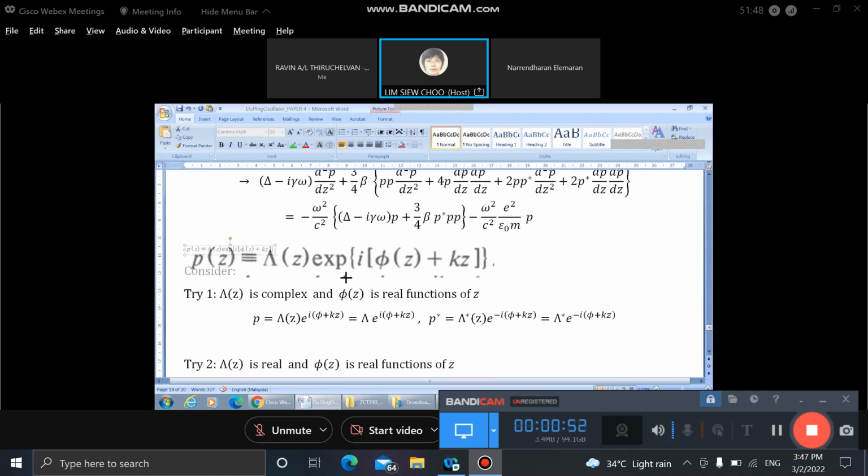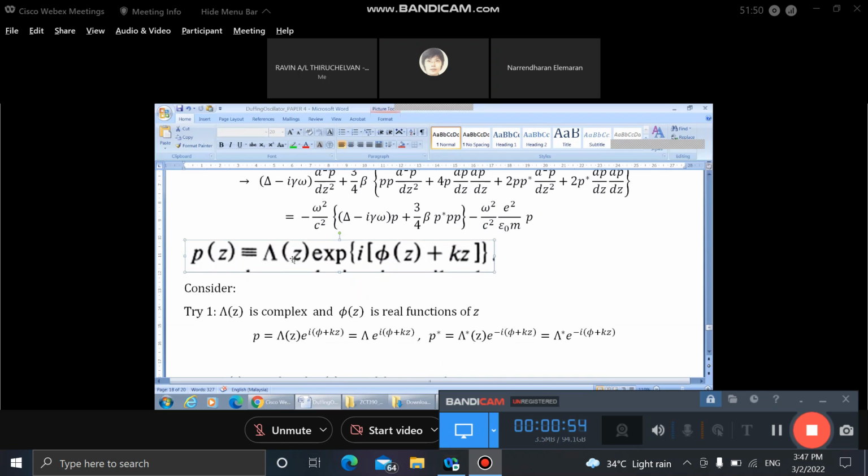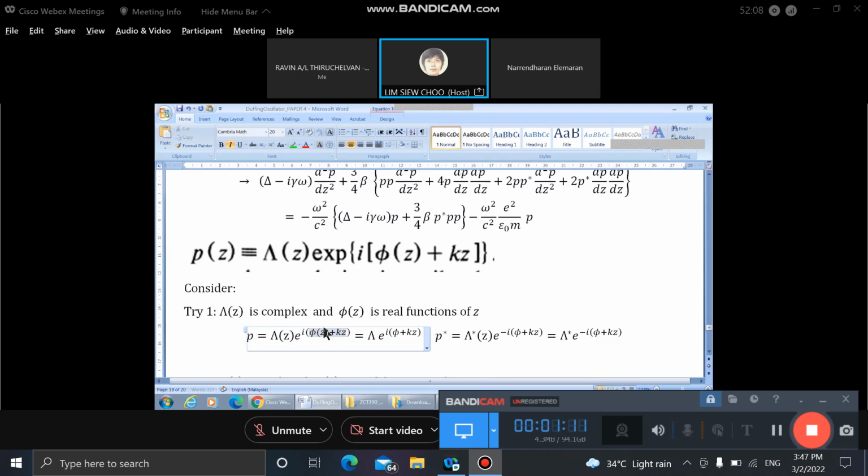Make it big. So P is like here. Okay, so I just type again. The P is gamma Z exponent I bracket 5 kz. Okay, so actually there should be a bracket Z here.